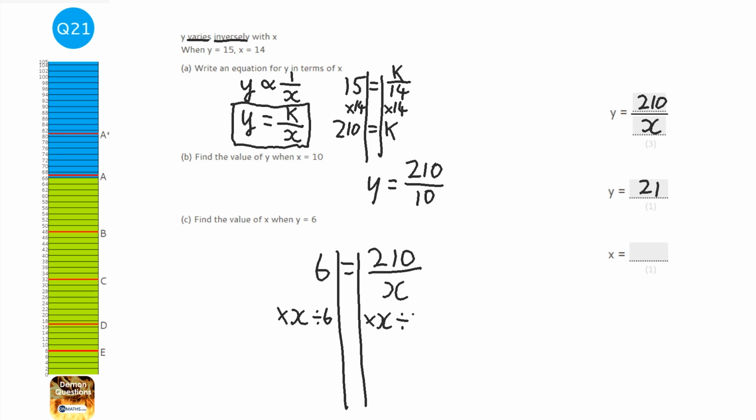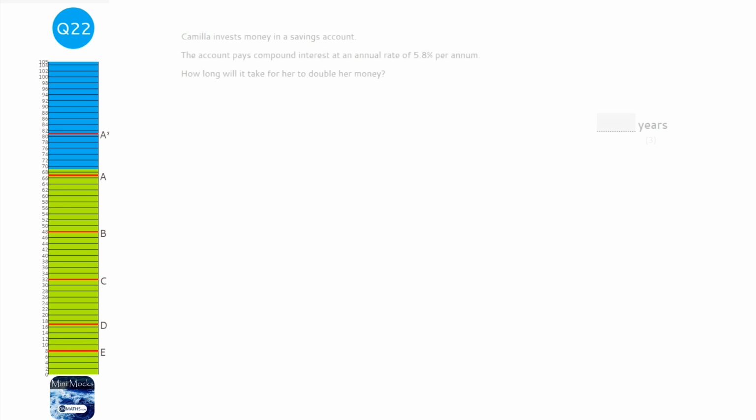And whenever you've got a one number on this side and a bottom of a fraction, you can actually just switch them over by doing that. So it's x equals 210 over 6. So 210 divided by 6 is going to be 35.